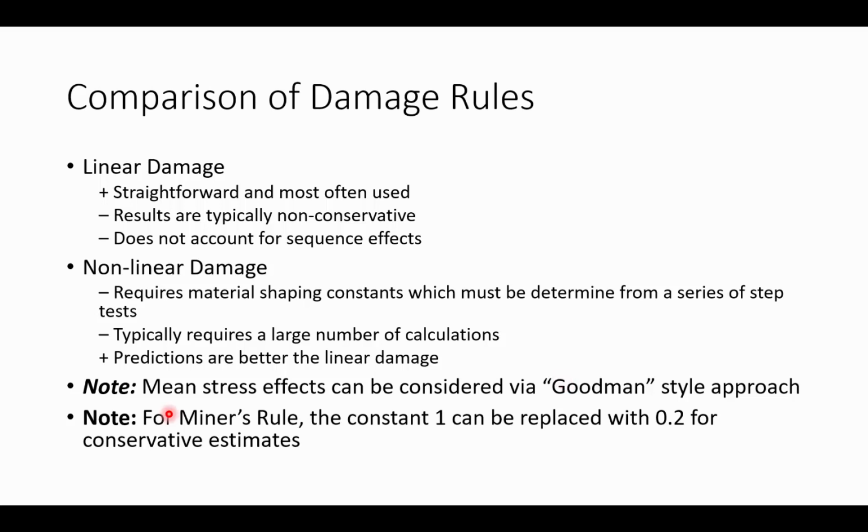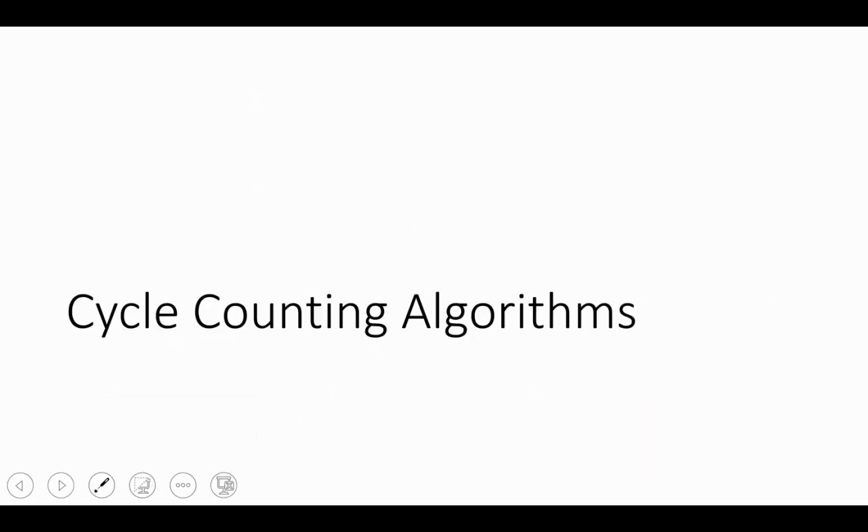And another thing to note for Miner's rule is that the constant 1, the value where damage must equal 1 and rupture happens, is often replaced with a more conservative value, such as 0.2 or 0.3, because the linear damage rules are so non-conservative. And the value you use can be sensitive to the material. So you want to see for your specific material, what do they consider critical damage?